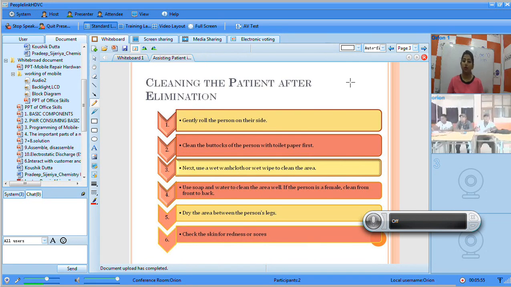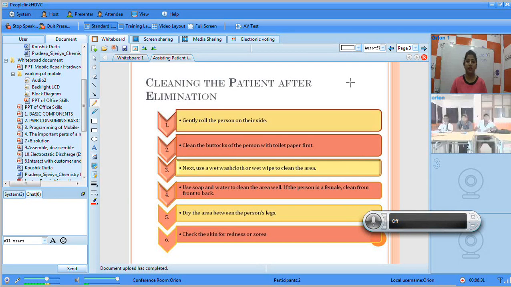Likewise, we need to roll the patient to one of their sides, either the left side or the right side. Now, we need to clean the buttocks of the person with toilet paper first. This procedure is followed mainly with old patients and with those patients who are not in a position to move from their bed. Otherwise, the patient can clean himself or herself on their own.